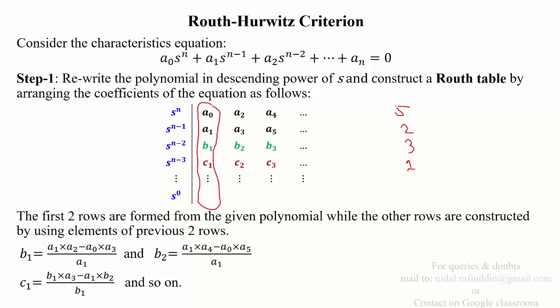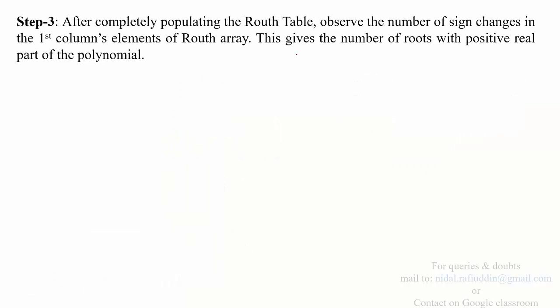So let's say you got 4 elements in the first column of the Routh table, and you observe that all these elements are positive and there is no sign change. And from step 3, if you observe that there is no sign change, then you don't have any root with positive real part.